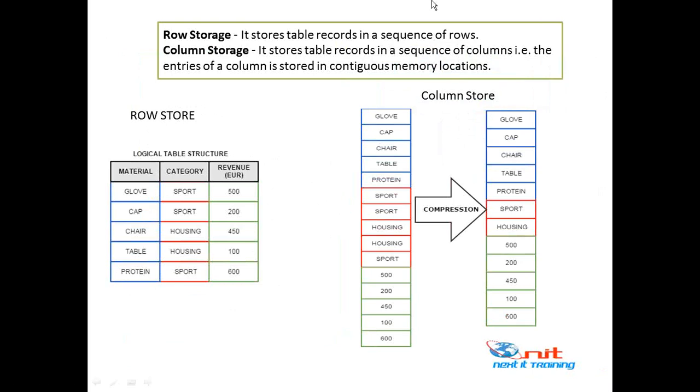So see here, row storage we generally know stores the data in row format in a sequence of records. In SAP HANA, we got something called column storage. This stores table records in a sequence of columns.